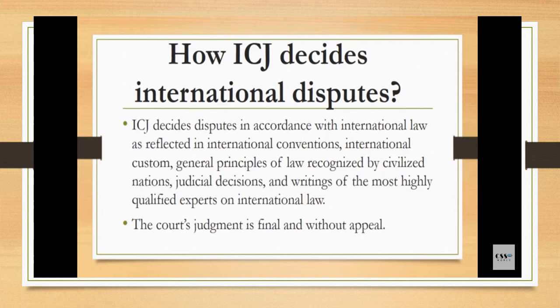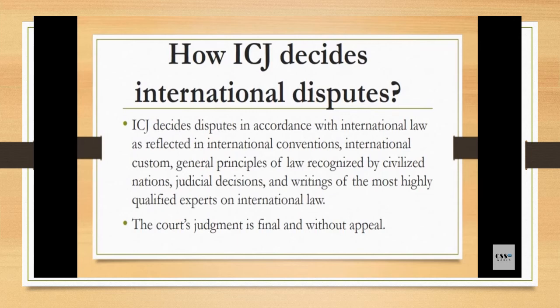So the International Court of Justice decides its cases on the basis of international conventions, like the conventions held between different states. In those conventions, states decide on what terms and conditions they will continue their relationships. Then international customs: there are some international customs that every state is ethically bound to follow.